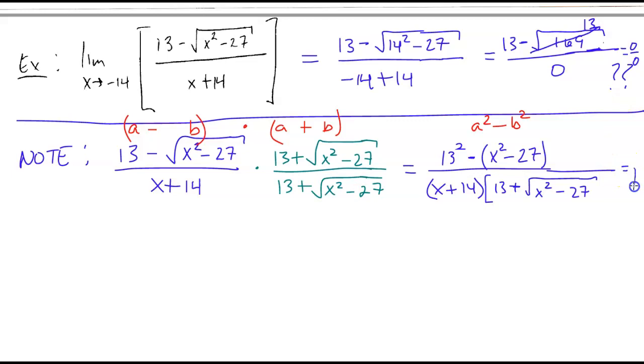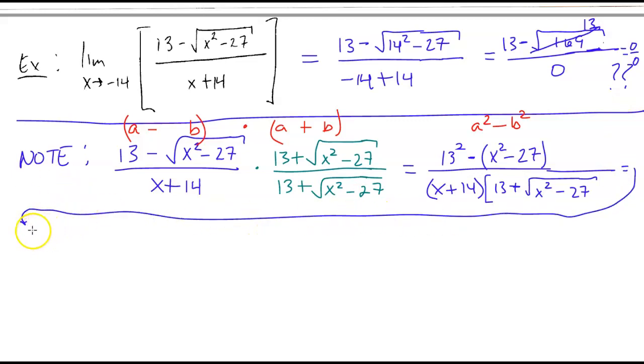And so from here, if we keep working on this, 13 squared is 169. We'll distribute the understood negative 1 there, and we'll write the denominator down same as what we had last time. Forgot to put the extra bracket there.